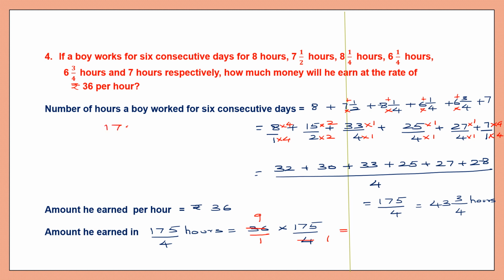Let's multiply it here. 175 into 9. 9 fives are 45, carry 4. 9 sevens are 63 plus 4, 67, carry 6. 9 ones are 9 plus 6 is 15. So he earned rupees 1,575. 1,575 rupees is the amount he earned in those 6 days.